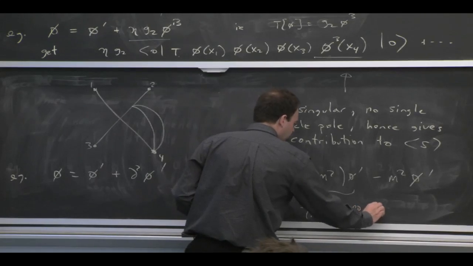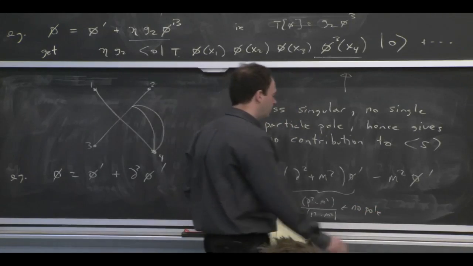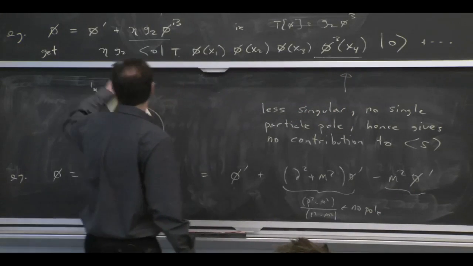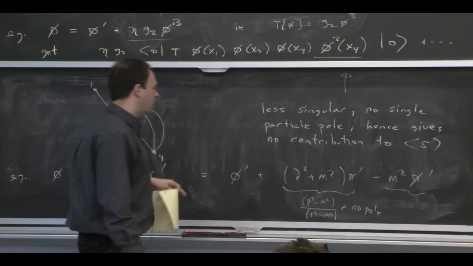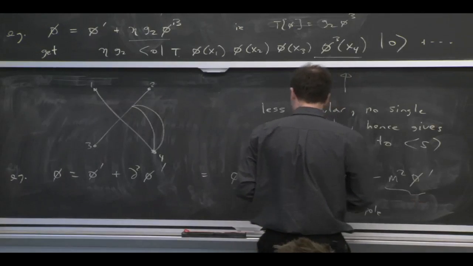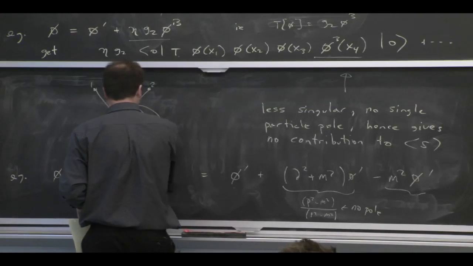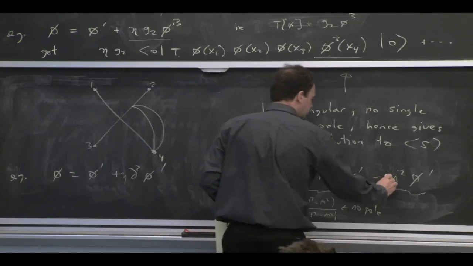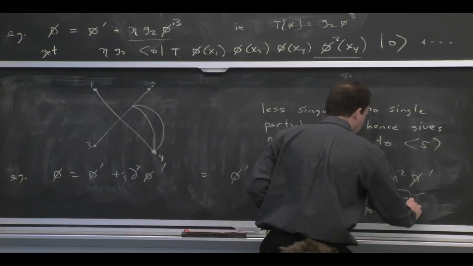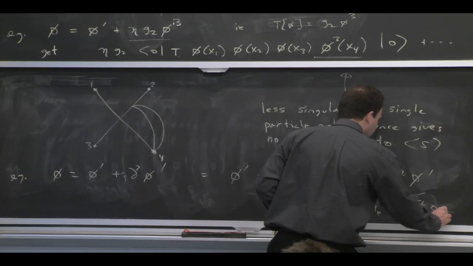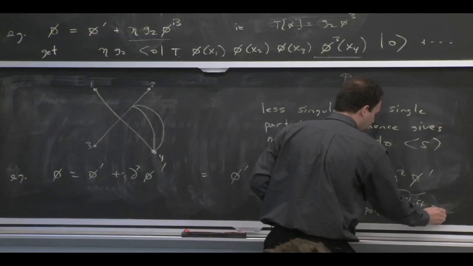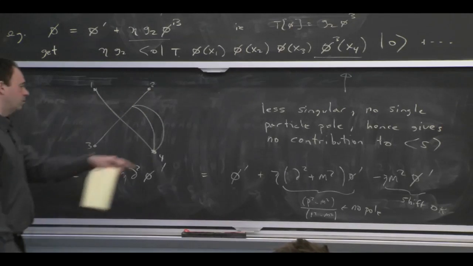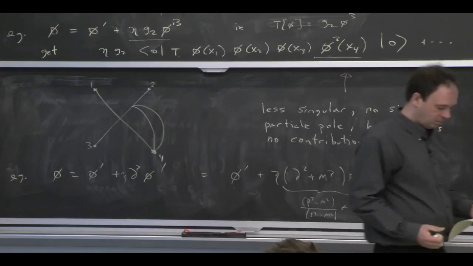So there's no pole from this term. And this term is, again, just of the type from our first example. It's just like shifting phi by some constant. So probably to get dimensions right, I should put some factors of eta in here. So again, something like that doesn't change anything because it can be decomposed into something that has no pole and then something that's just a shift.